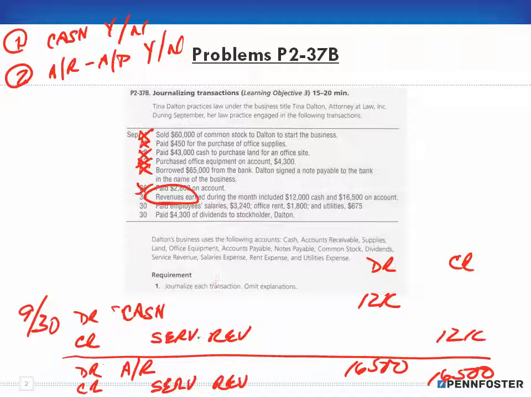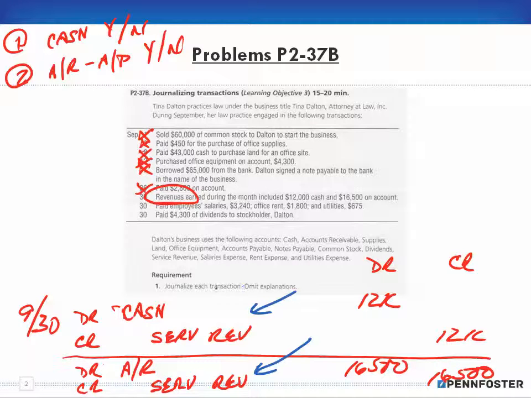But notice that I have two credits to service revenue. Because I'm using the same account twice, I have to write it twice and end up posting twice. And if you're leafing through a ledger book, that does take a little bit of time, and of course I can make a mistake writing numbers in.